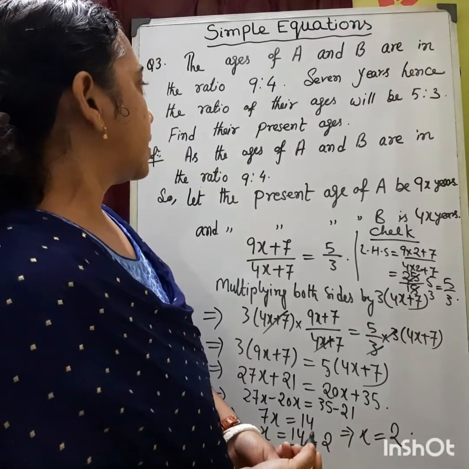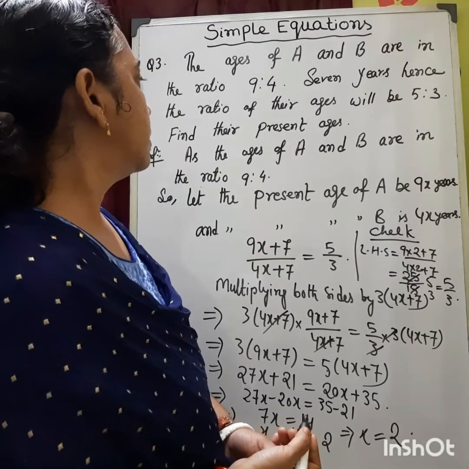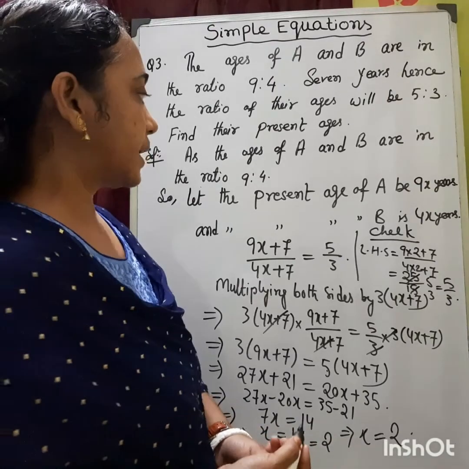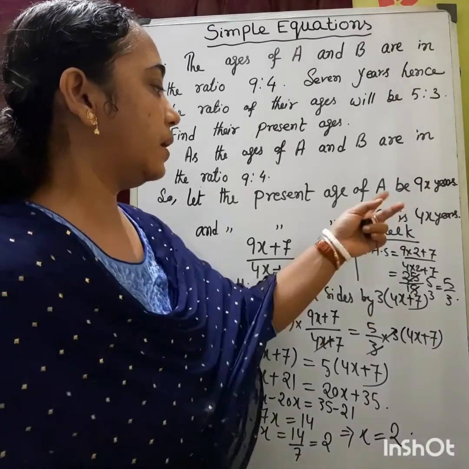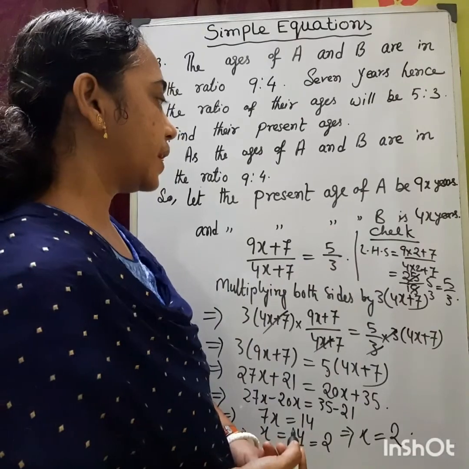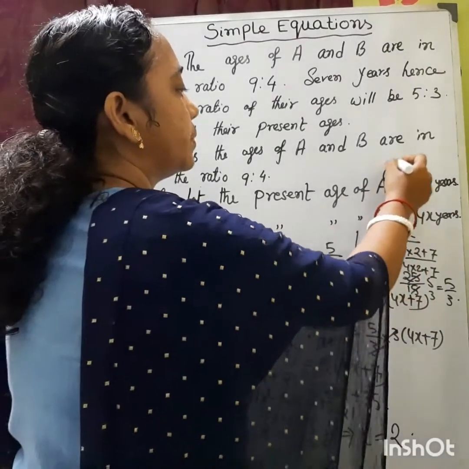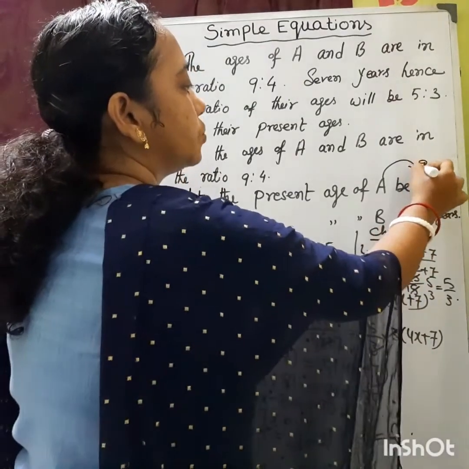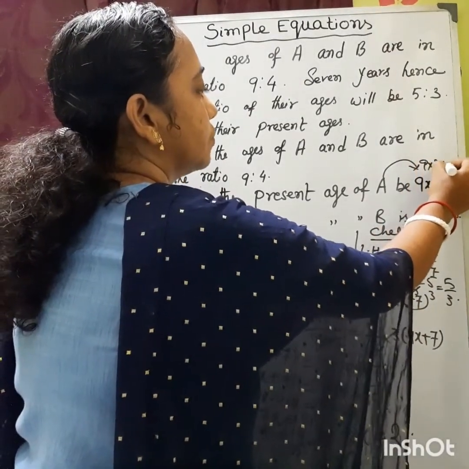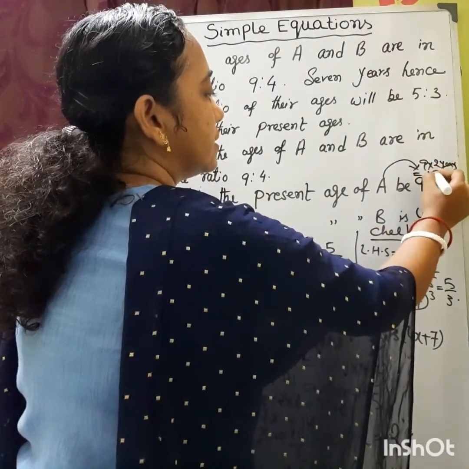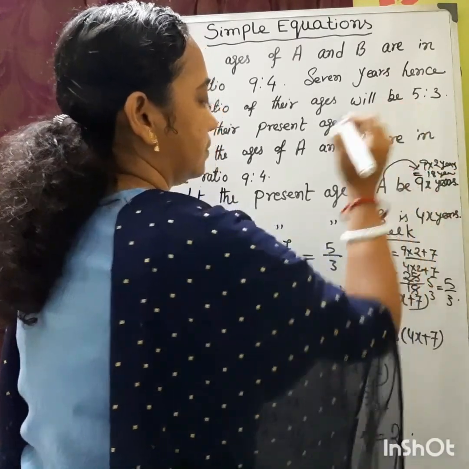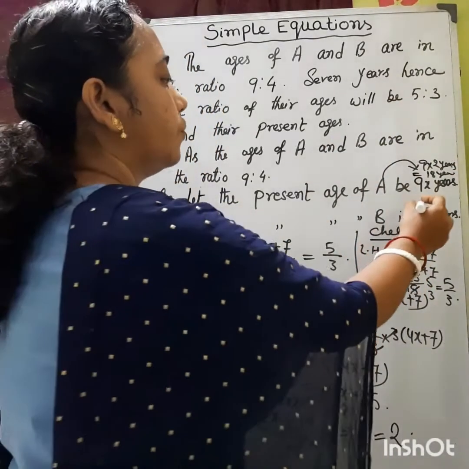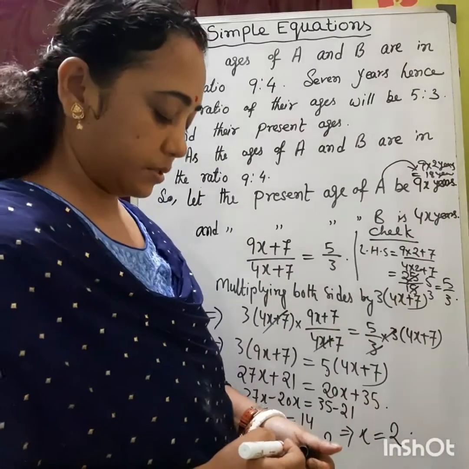So what we have to find out here is their present ages, that is the present age of A. So what is the present age of A? The present age of A is 9x years. So what is x here? 2. So 9 into 2 years becomes how much? That is 18 years. And 4 into 2 becomes 8 years.